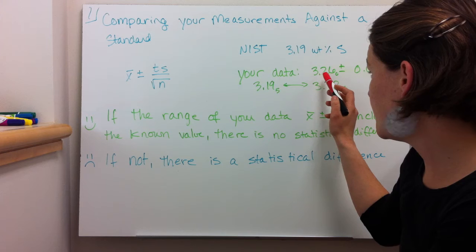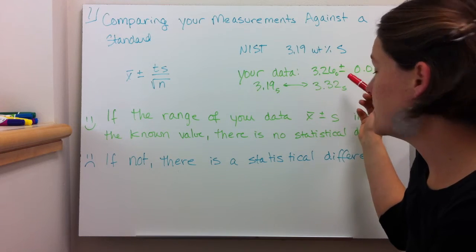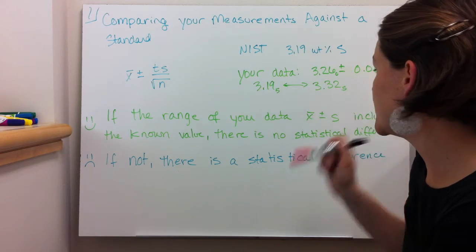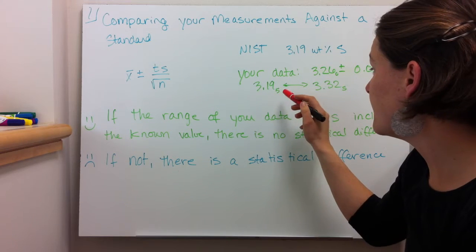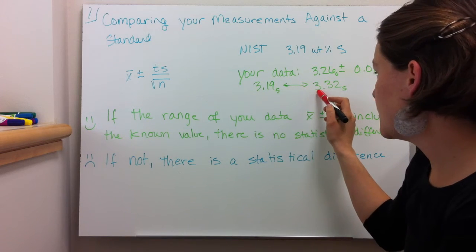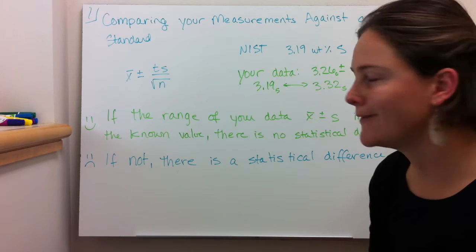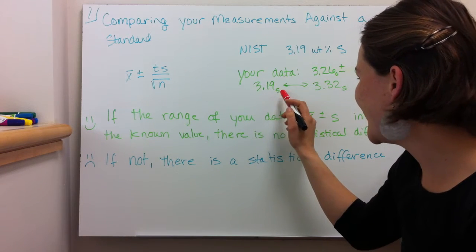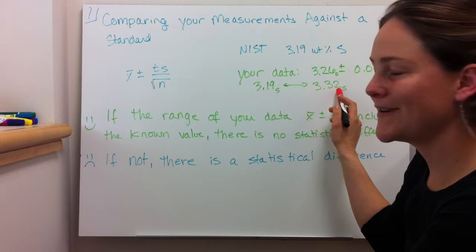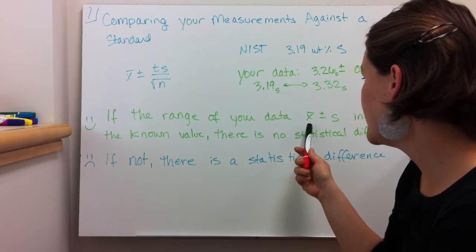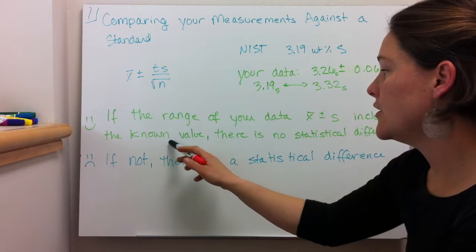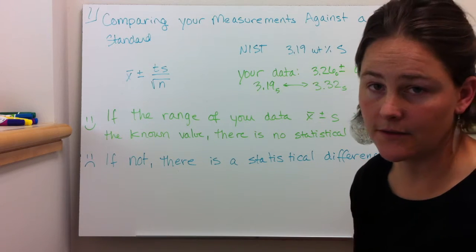Your data comes out to 3.26 plus or minus 0.06, which gives you a range of 3.195 to 3.325. And so if the range of your data includes the known value, there is no statistical difference.